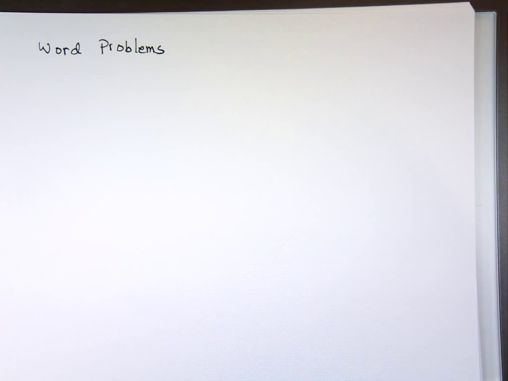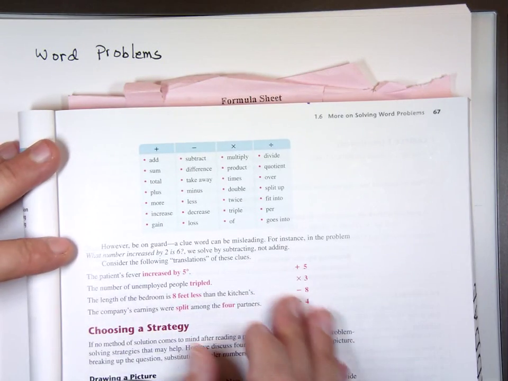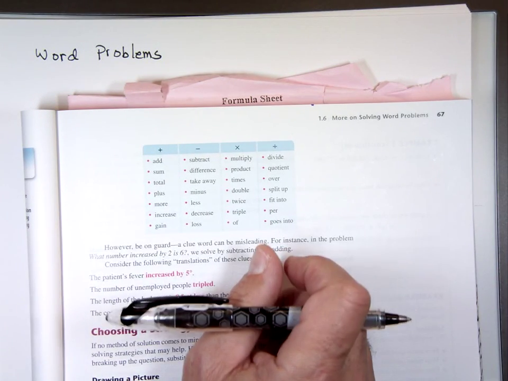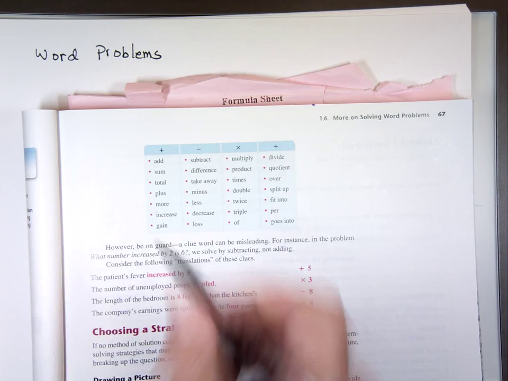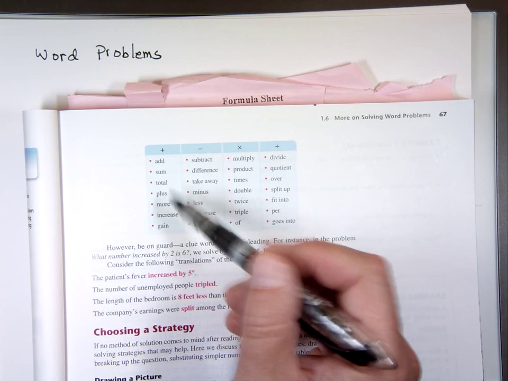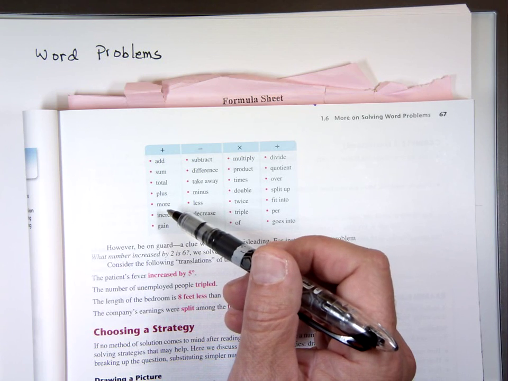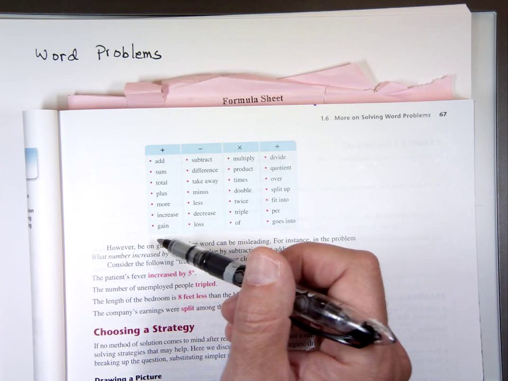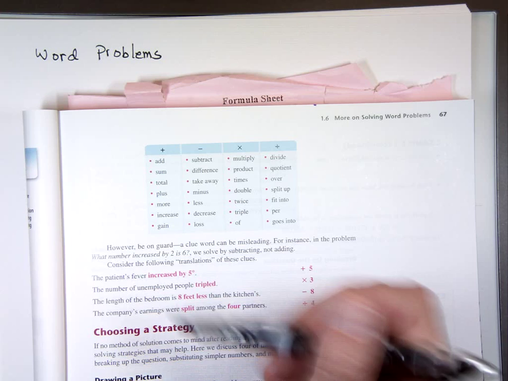But when I'm looking at them, I look for keywords that will tell me if it's addition, subtraction, multiplication, or division. And here's some of the keywords that I look for. For addition, I hear the words add, sum, the total of numbers, plus, more, increase, gain. All of these tell me you have addition.